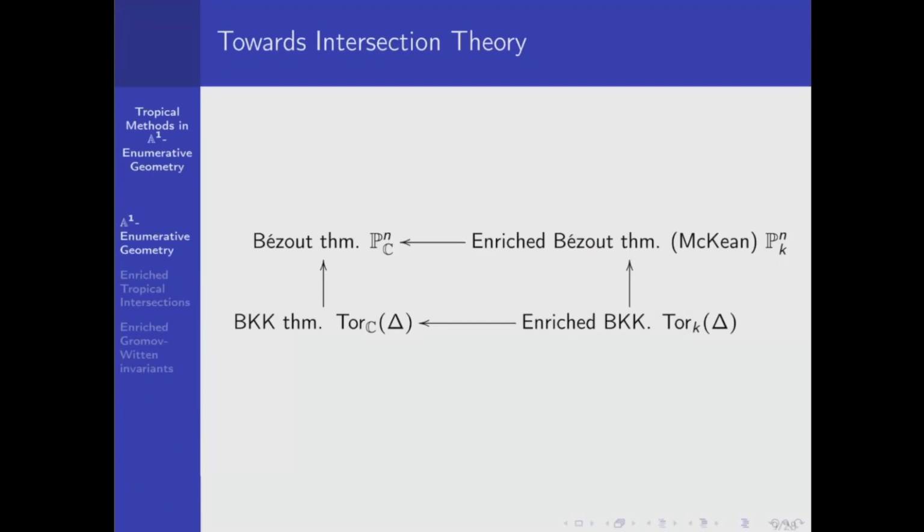So now let's talk about intersection theory. At a very elementary level, let's say, just intersection of hypersurfaces in Pn. So this is very classical. This is the Bézout theorem. And there we talk about complex projective space. So we have intersections.